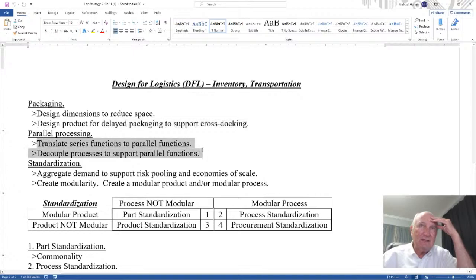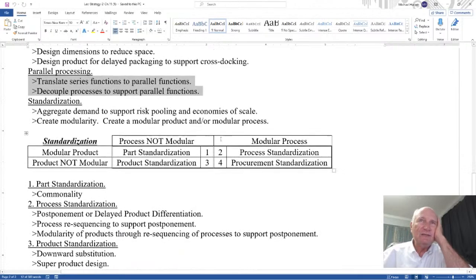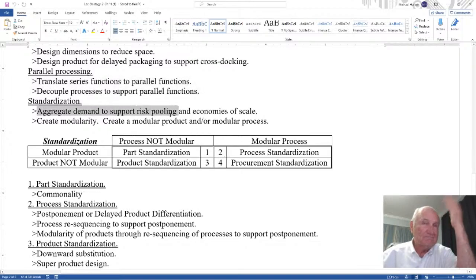Parallel processing is taking the series and making it parallel, decoupling a process so you can make parallel processes. This is more into manufacturing and process design. Standardization. I find this very interesting because a lot of people are starting to focus on this more and more today. You can aggregate demand to support risk pooling and economies of scale.